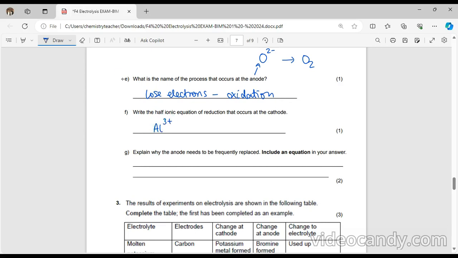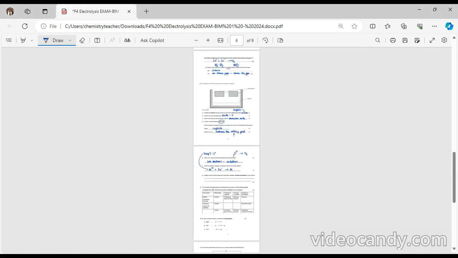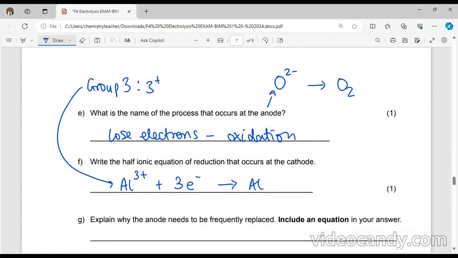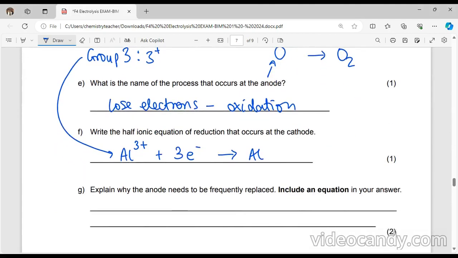How do I know they're 3 plus? Well, if you have a periodic table, aluminium is in group 3, and group 3 elements always make 3 plus ions. And it's reduction, so we know we're going to gain electrons. And because it's 3 plus, to form the atom of aluminium, we need 3 electrons to make the aluminium neutral.